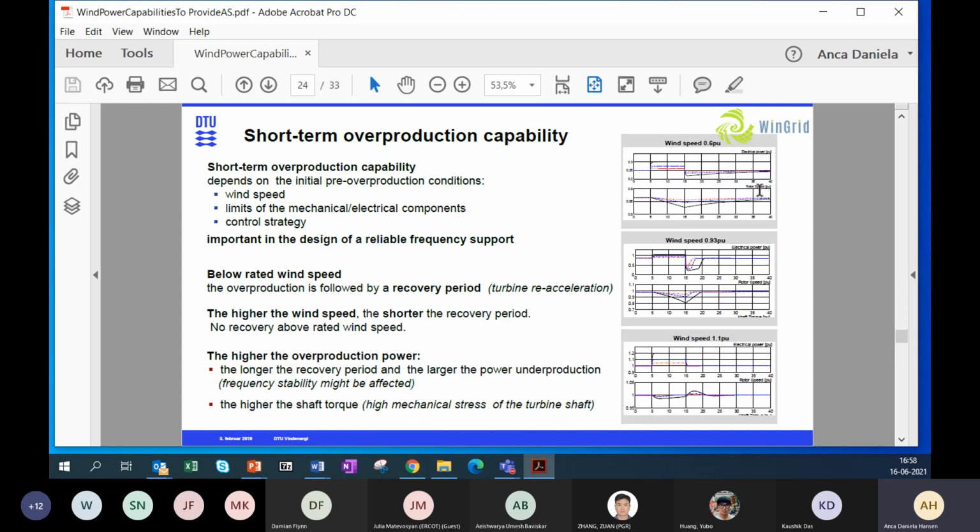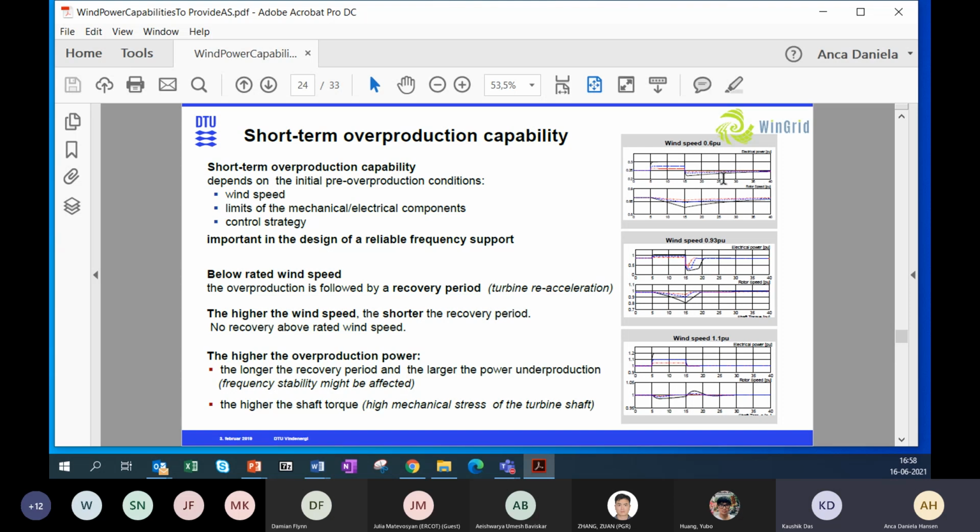And this, also very quickly, is about short-term overproduction capability. This fast frequency response capability actually depends on the initial pre-overproduction conditions of the turbine.